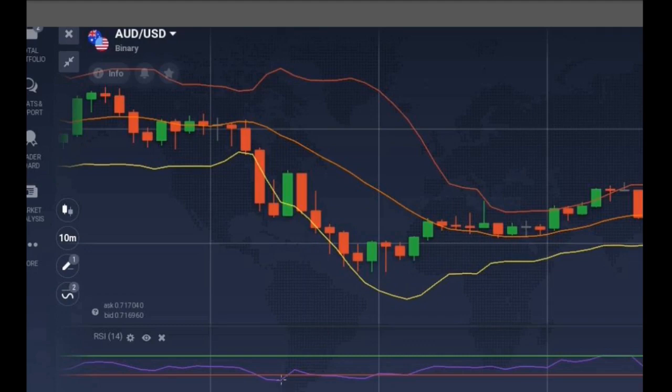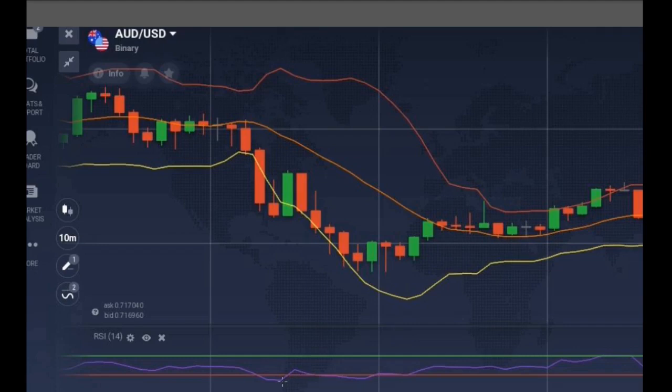You can see there is a higher low. This level is higher than this level, so it's called the higher low. But here, this level formed a low lower than this level, so it's a lower low. So this formed a lower low, this formed a higher low.